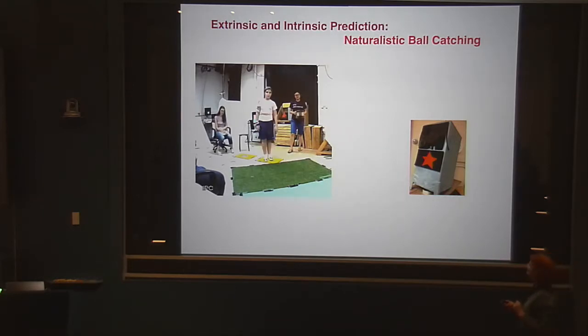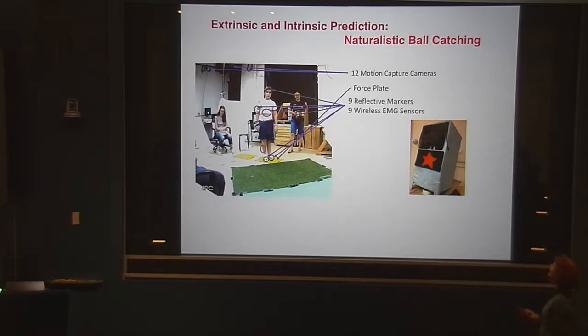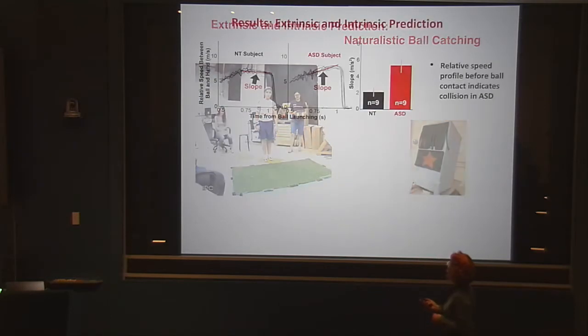We measure extensively the movements of the children with motion cameras, where we have markers on the body to get joint angle movements. We have the force plate to look at sway of the body, as well as EMG sensors that measure muscle activity in the trunk, front and back. So how do the results look?